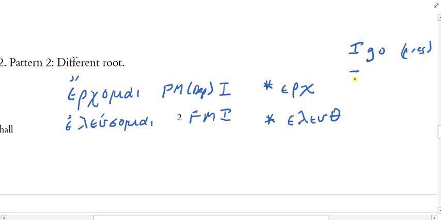Yes, our past tense is I went. Where in the world did that come from? Did the go root somehow morph into went? Yeah. And by the way, we get go, gone, and going all from the go root. But the went root actually comes from a different root, which is wend.